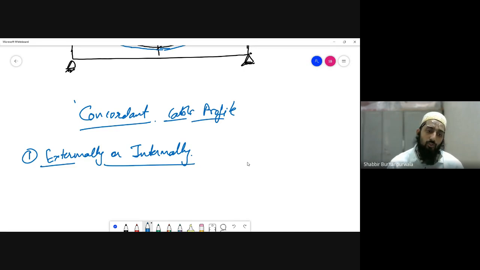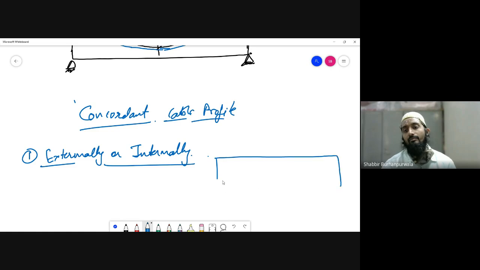Okay, some of the times external pre-stressing is provided using jacks, and some of the times it is provided using cables in the cable stayed bridge. Have you seen a cable stayed bridge? There are bridges like this.